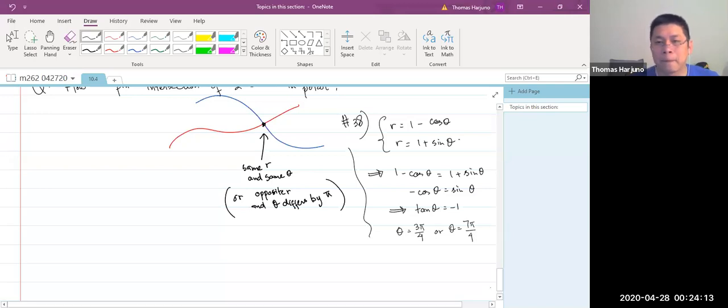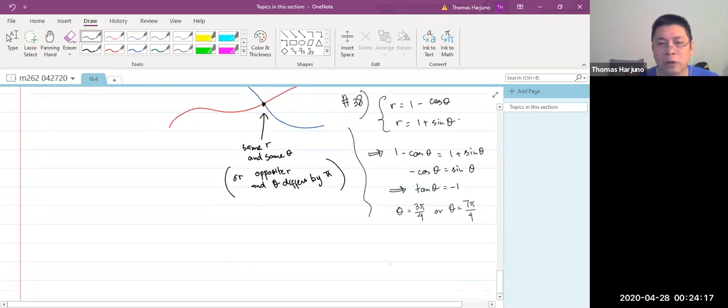Now, how do we know that's the only answers we have? Then we sketch the graph. 1 minus cosine will look like this. This is 1 minus cosine. And 1 plus cosine will be like this.